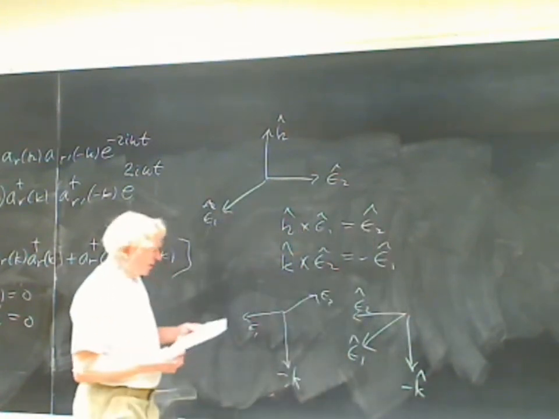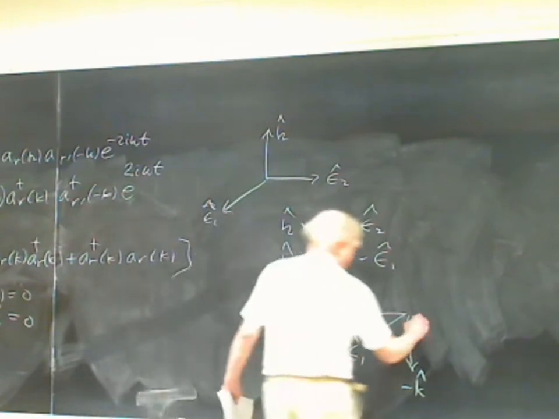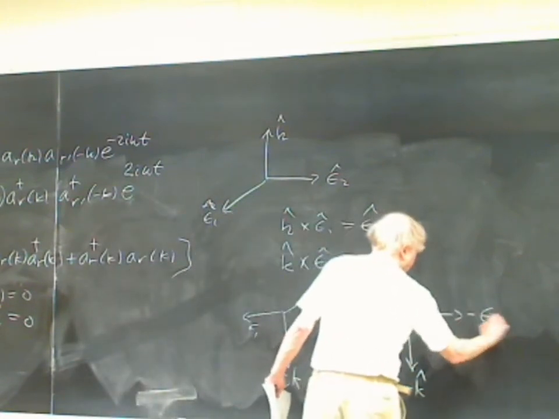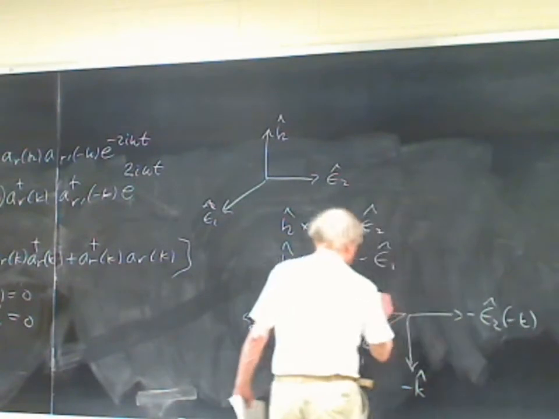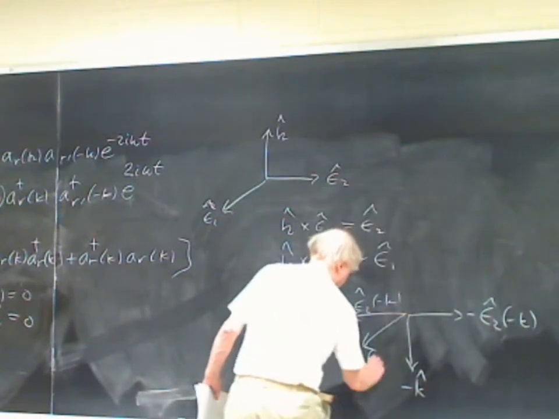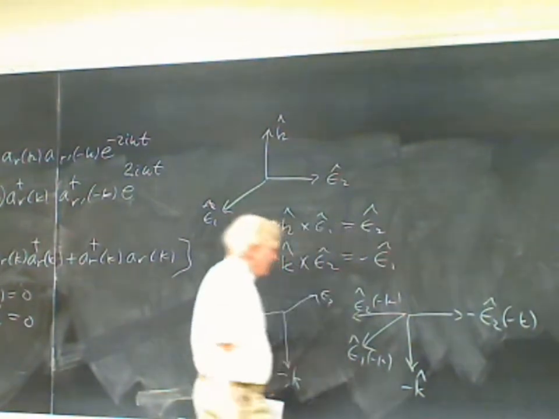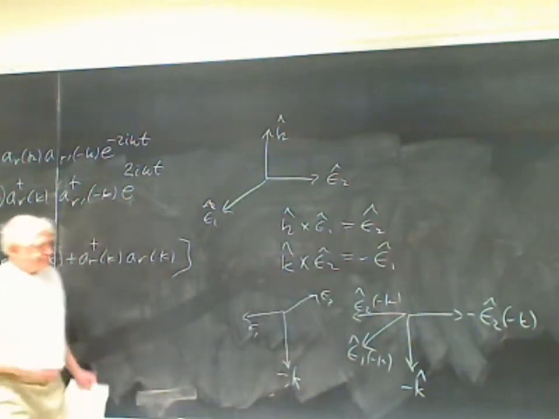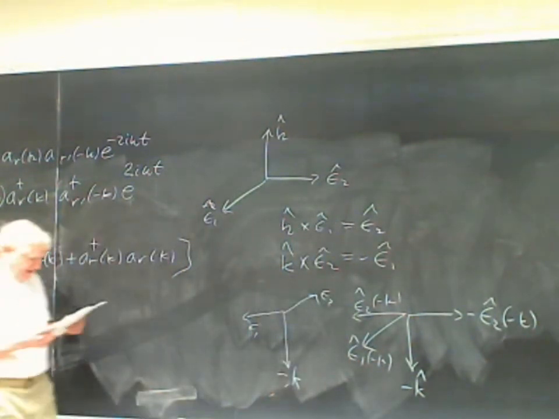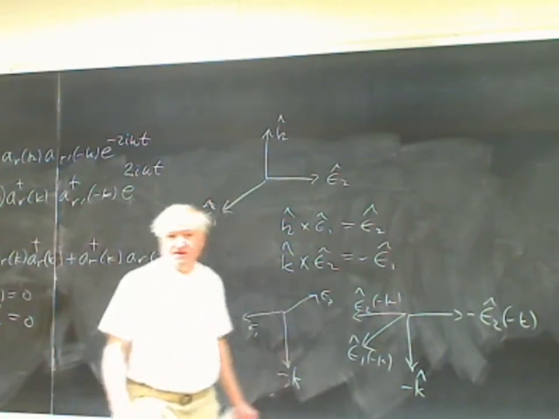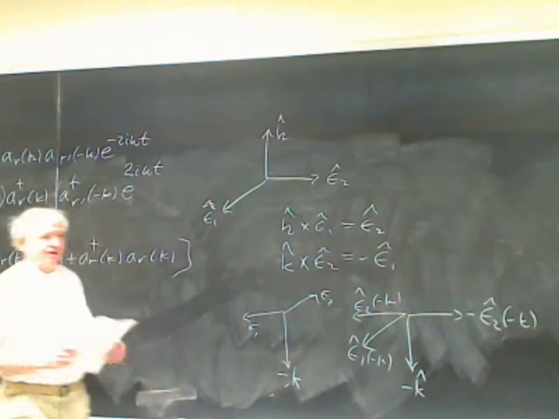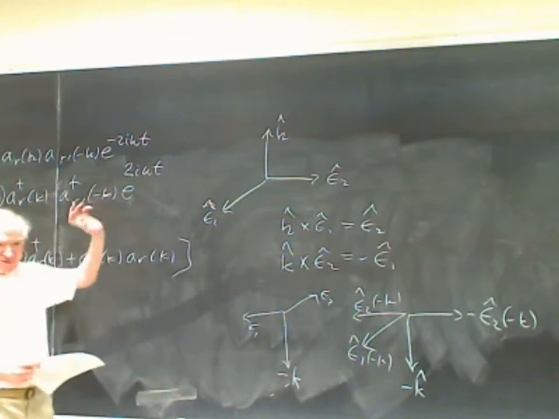So that's what it looks like, and over in this direction would be minus epsilon 2 hat of minus k. And this is minus k, and this is minus k. So that's what they would look like. And any questions about this? This is the part where you're in danger of fracturing your wrist.